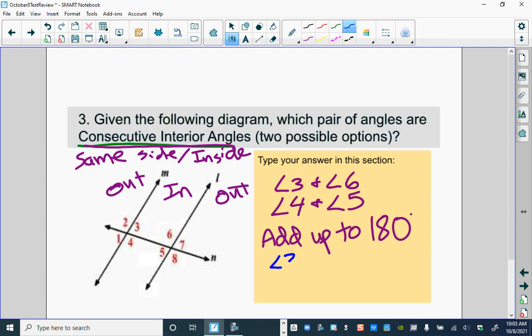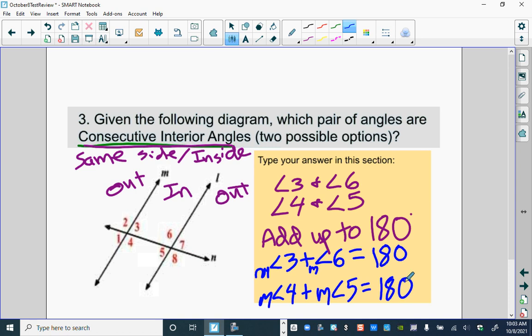Angle 3 plus angle 6, 180. I should say measure. And the same thing, measure of angle 4 plus measure of angle 5, 180. That's another important factor to note. All right, questions on this problem? Consecutive interiors add up to 180, and usually the same side inside.